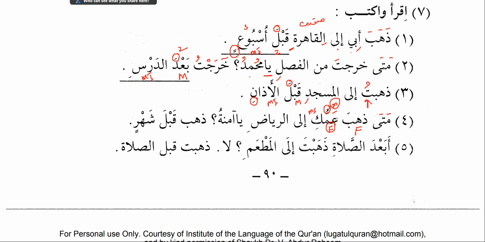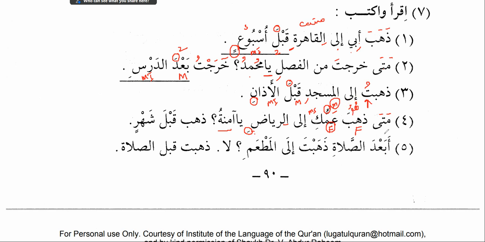Okay. So ammuki ila riyadi, due to the lam tarif, it can take a kasra. Ya Aminatu, I'm mukhatib to the feminine singular. So now this fail is for Amina. Okay, that's why dhahaba. The damir here is hidden, means huwa.